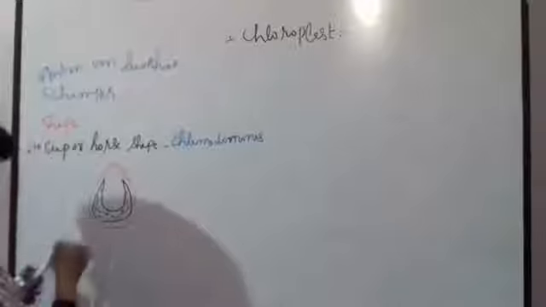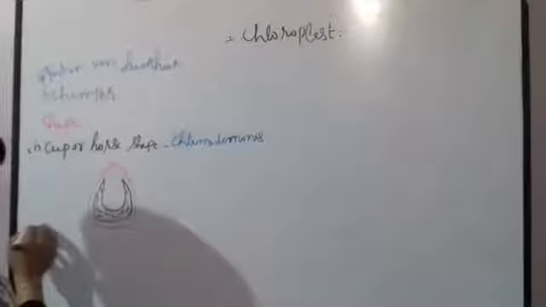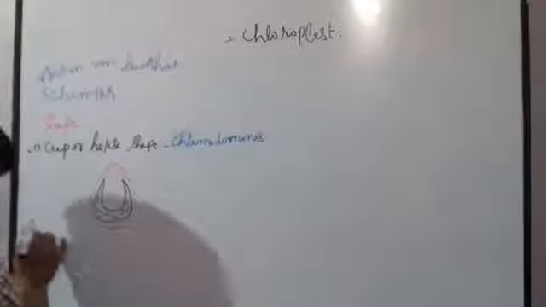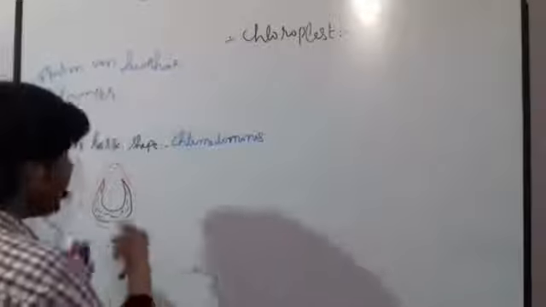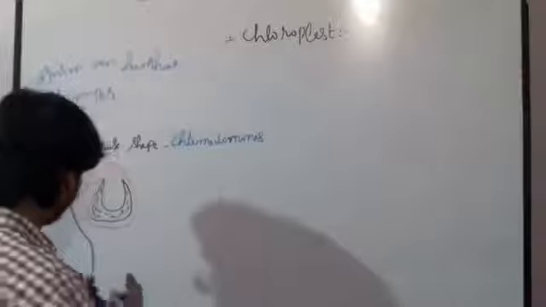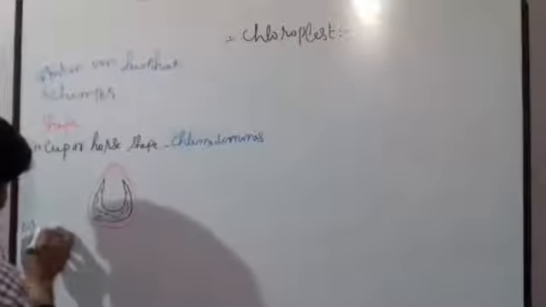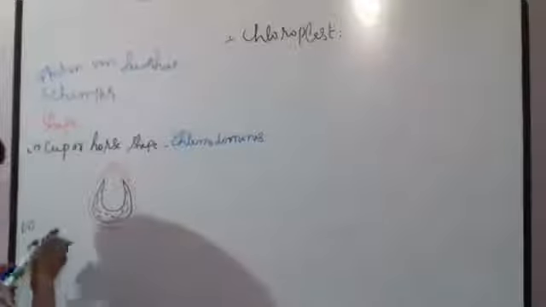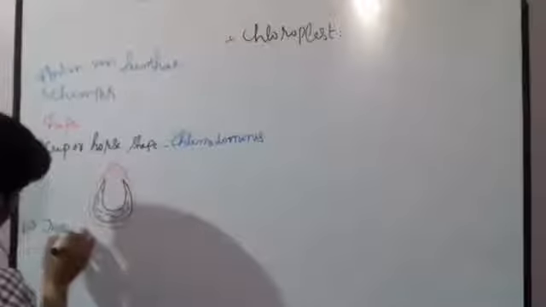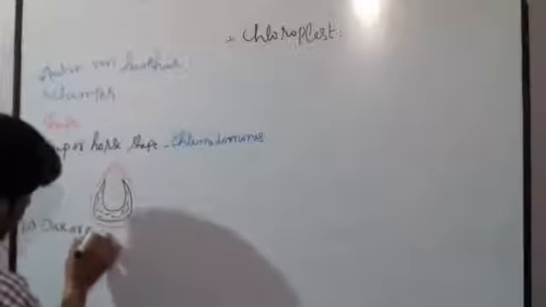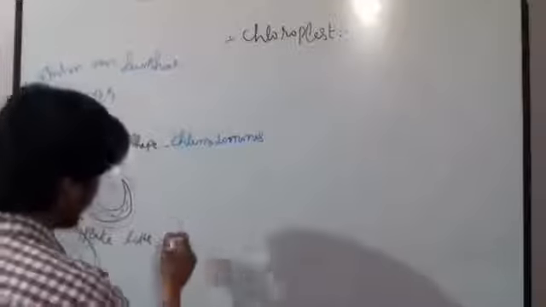So the second shape we talk about is that some chloroplasts have a disc-like shape, or we can say plate-like shape. This is found in Chlorella.